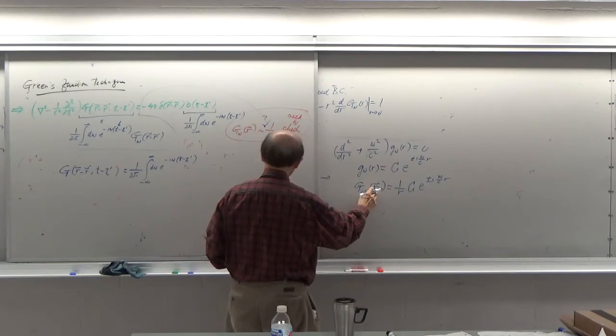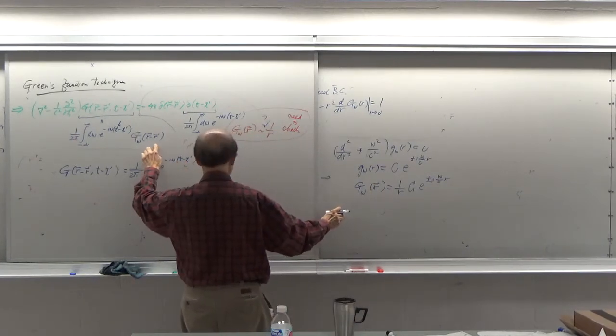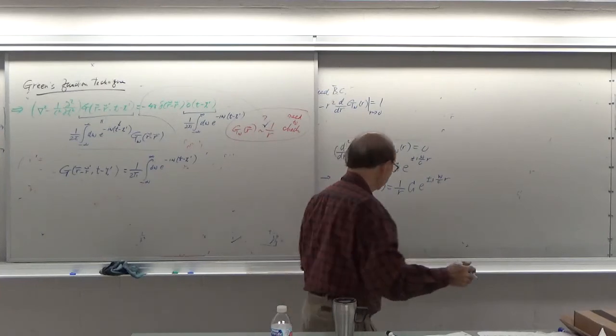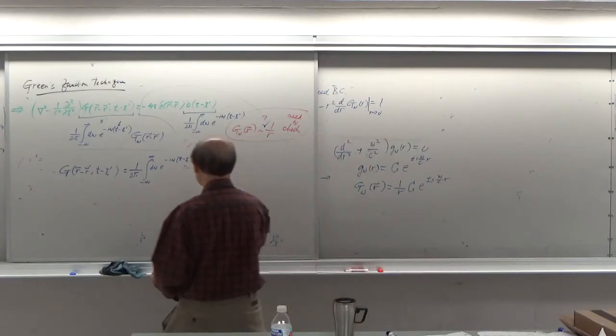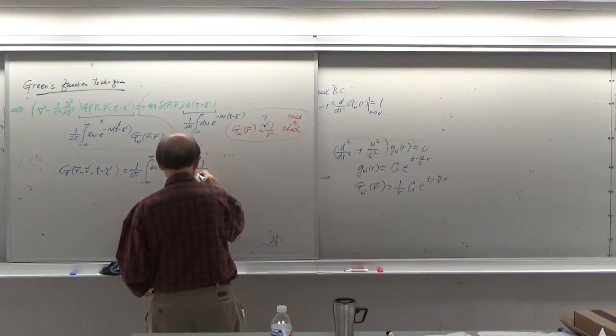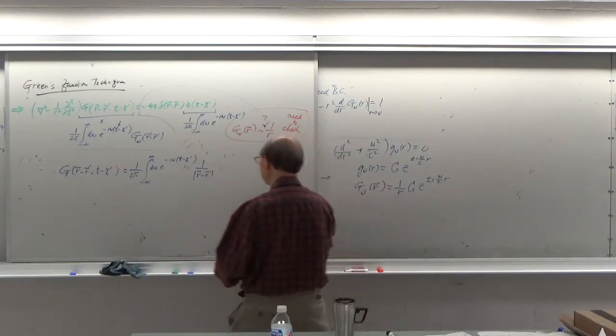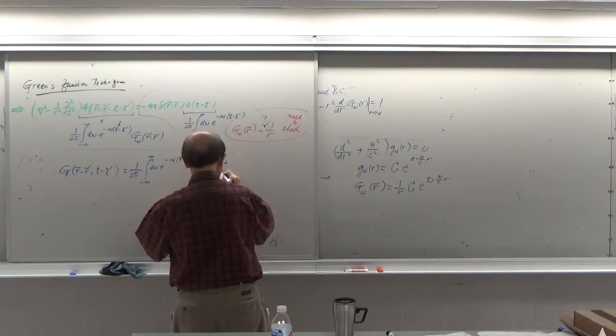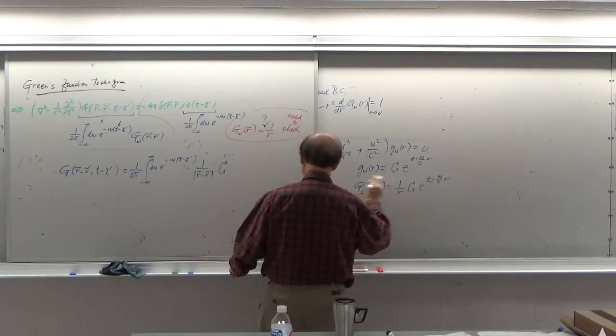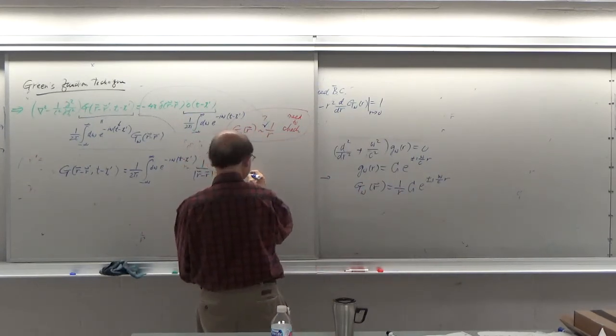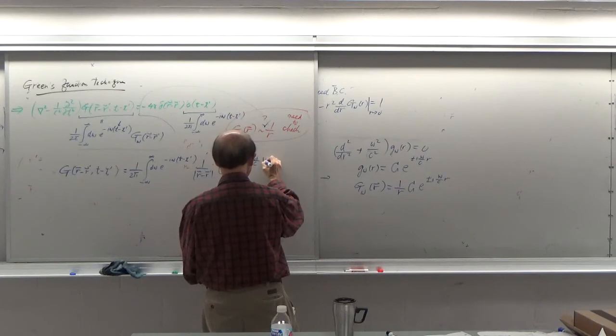Of course, in place of r, I can always now substitute r minus r prime. So I have 1 over r minus r prime, replacing this 1 over r, times constant c, times e to the plus or minus i omega over c times r minus r prime.